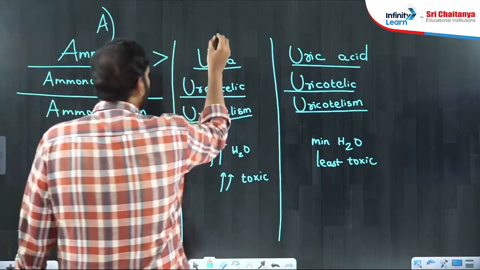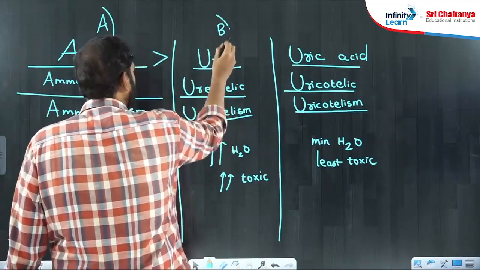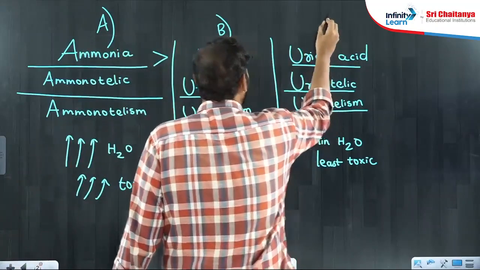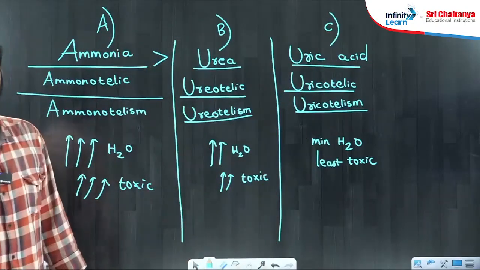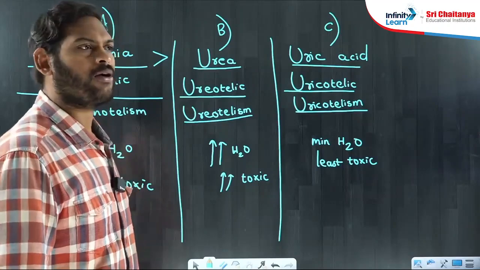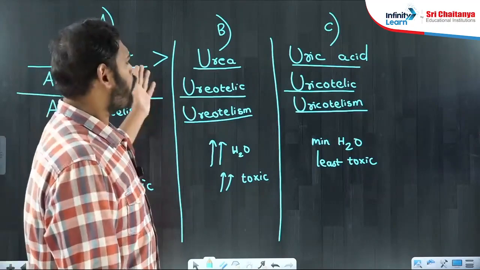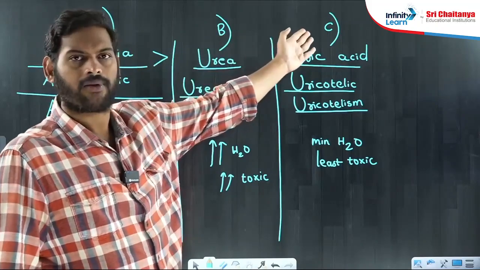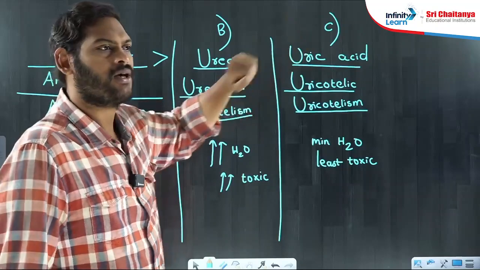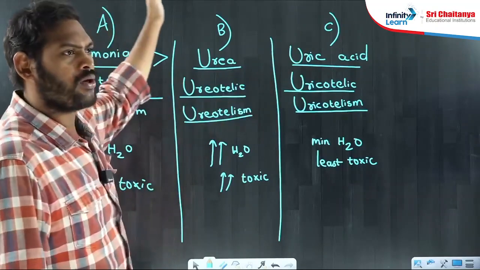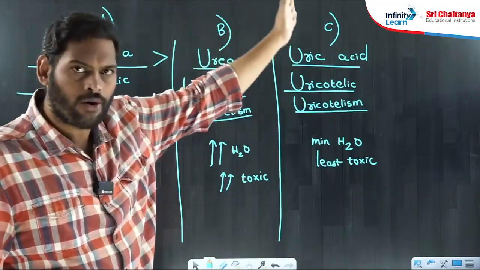Are we ammonotelic? Are we ureotelic? Are we uricotelic? Yes, tell me. Humans, mammals could be classified under which category of these three nitrogenous wastes? Are we ammonotelic, ureotelic, or uricotelic?